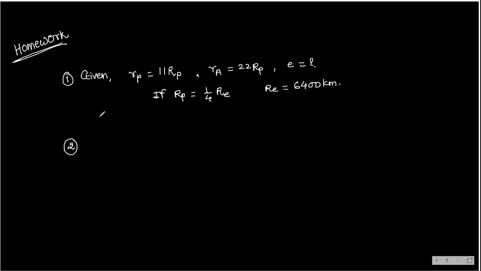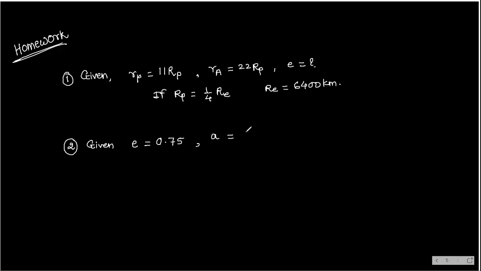Next question. Given eccentricity of elliptical orbit is 0.75 and A is equal to, A means what? Distance of foci from center of ellipse, है ना?